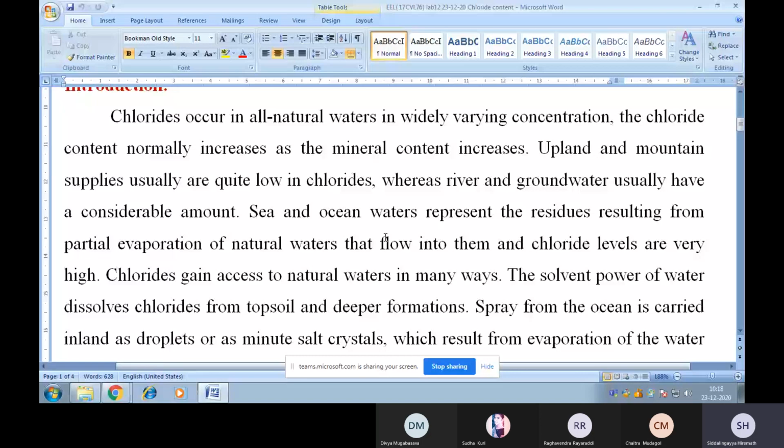The solvent power of water dissolves chlorides from topsoil and deeper formations. Spray from the ocean is carried inland as droplets or as melted salt crystals, which result from evaporation of the water in the droplets. These sources constantly replenish the chlorides in inland areas where they fall.